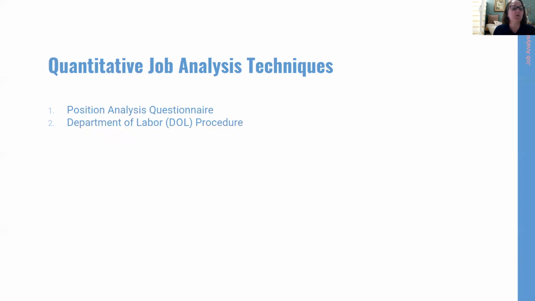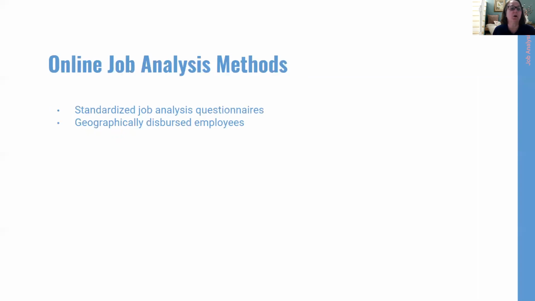You could have position analysis questionnaires. Department of Labor has a lot of procedures, and you can get information from them as well. There are online job analysis methods such as standardized job analysis questionnaires, or there's geographically dispersed employees who could give you info as well. From all of that, you create job descriptions, okay?